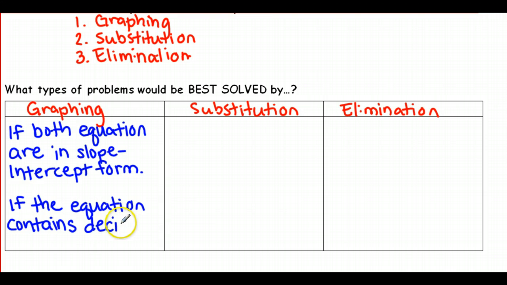Alright, now what about substitution? To choose whether or not to use substitution, you would want to see if one equation has one variable alone.